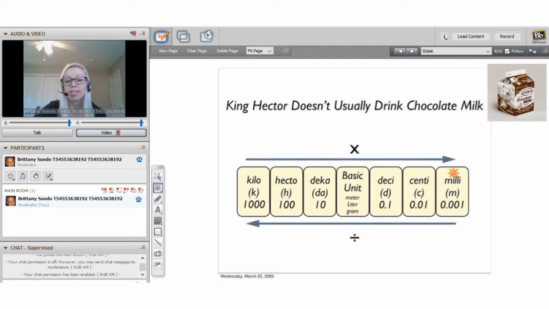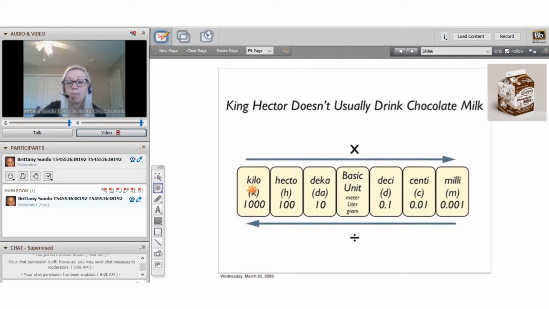Now let's go back to take a look at this middle part of the chart. That says the basic unit. That is going to show you which unit you are in. So are we using meters? Are we using liters? Or are we using grams? Okay, and as you move to the left of your chart, you'll notice the units are in kilo, hecto, or deca.